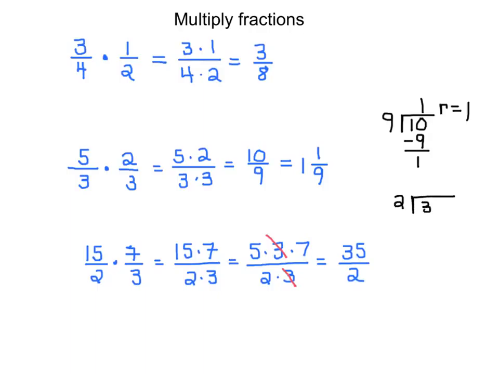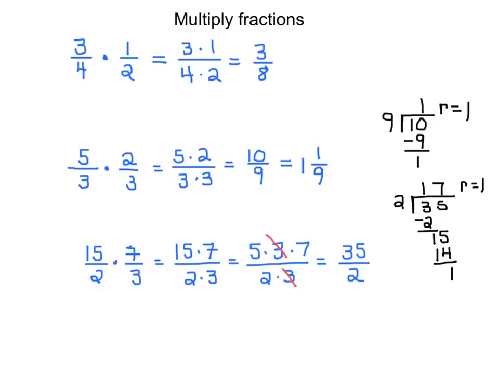I know that 2 goes into 3 once. So 1 times 2 is 2, and we subtract. 3 minus 2 is 1. 2 goes into 15 7 times. 7 times 2 is 14. 15 minus 14 is 1, so I have a remainder of 1.